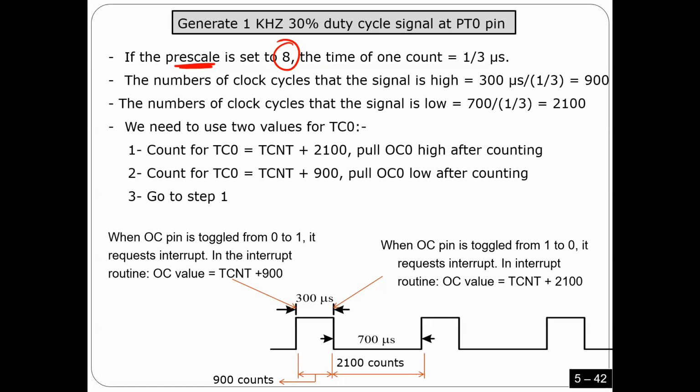When I selected prescale 8, I found that the time for each count is 1/3 microsecond. That means for 300 microseconds, I divide 300 microseconds by the time of one count, so it should be 900 counts. So from here to here the counter should count 900. Here 700 microseconds should count 2100.